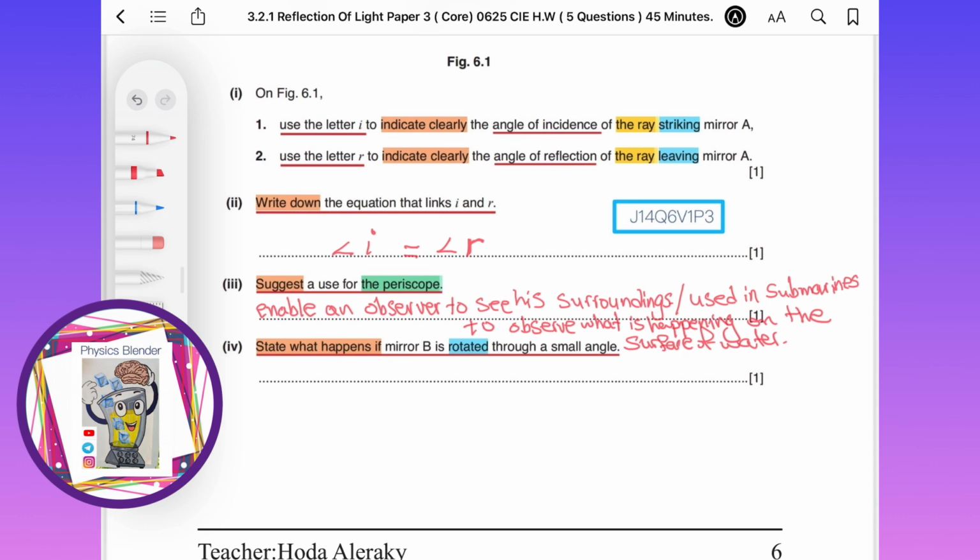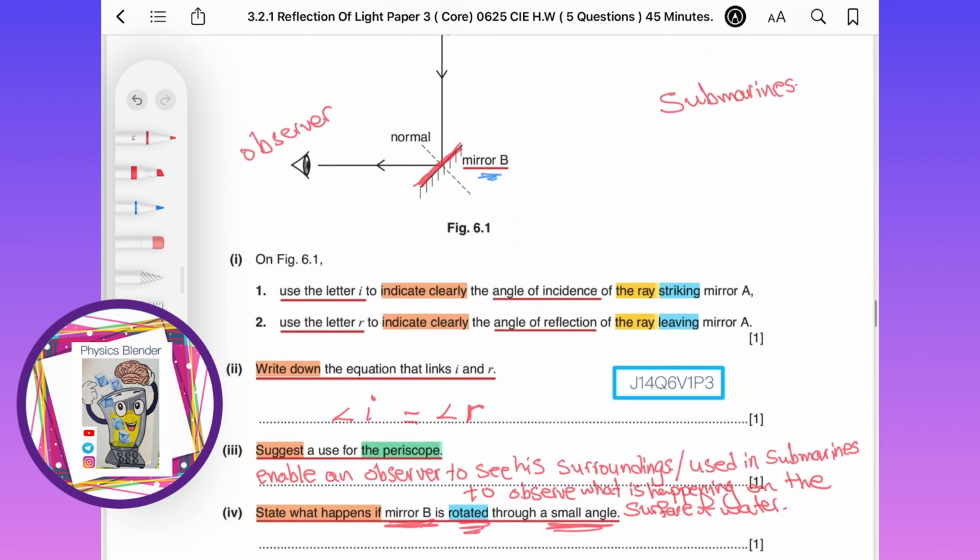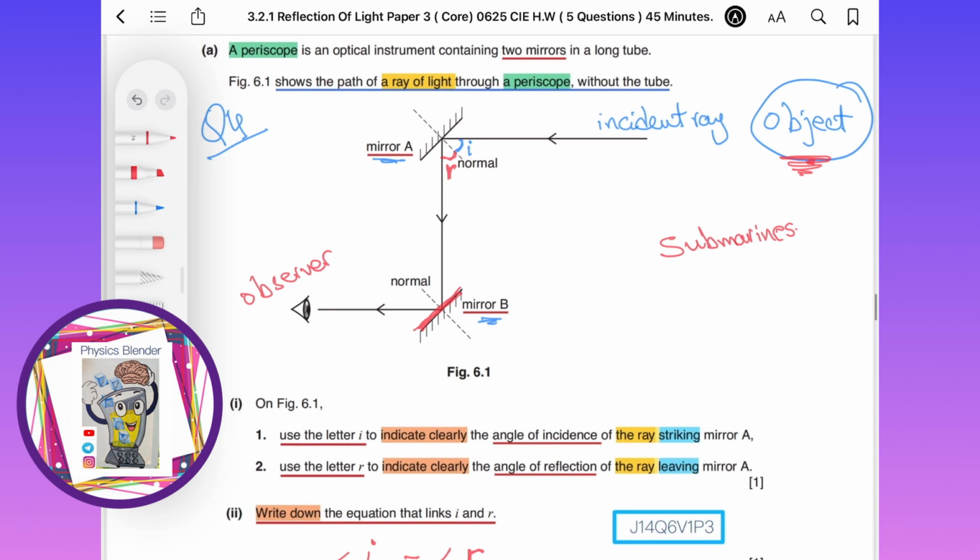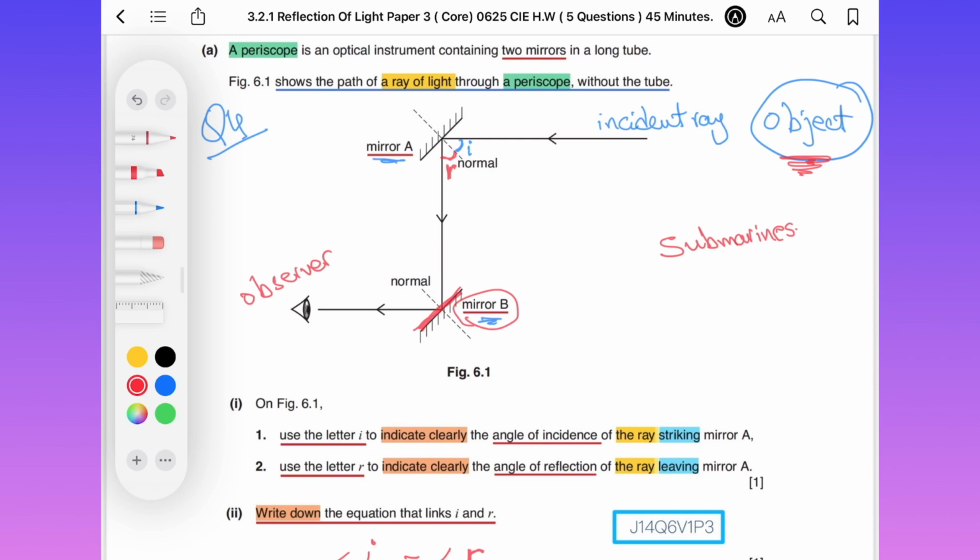State what happens if mirror B is rotated through a small angle. If mirror B is rotated at small angle, the observer will not see the image, simply because it works if the two mirrors are parallel to each other.